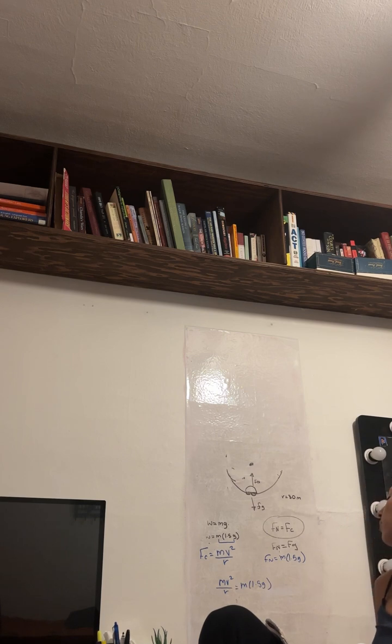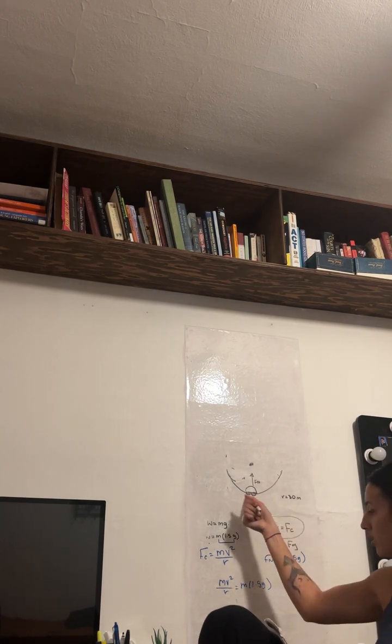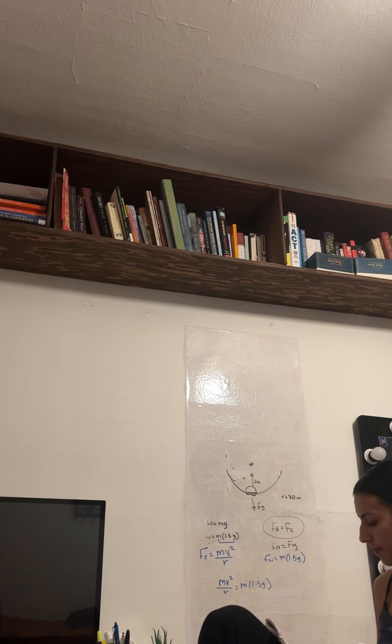And what are we solving for? We're solving for the speed. What is our velocity? So with some algebra, we multiply by r, divide by m. Then we take the square root.